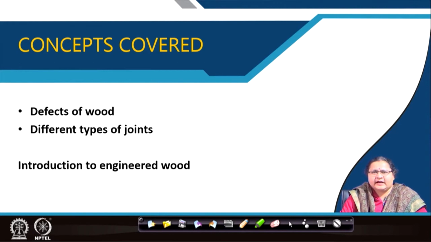We as architects also need to know, when we look for a good wood, whether that wood contains any defect or not, because we may recommend it for some structural purpose or it may be framing a window or a door or a wooden truss. So, we must know how to identify the defects. So, let us come to that.